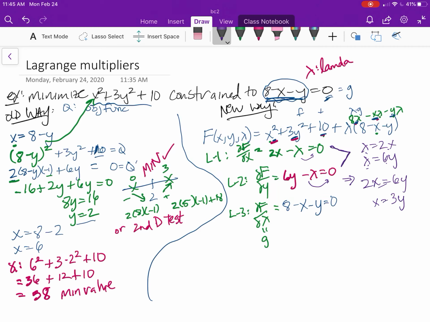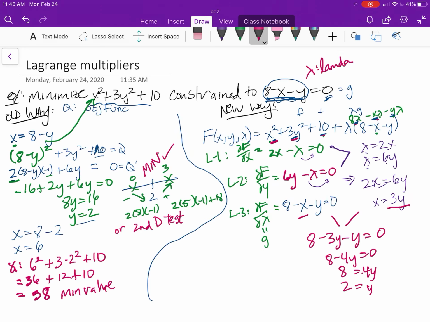And if x equals 3y, then we could take that and plug it in here, right, our g function. So using both of those, we get 8 minus 3y minus y equals 0. So 8 minus 4y equals 0. Add 4y, 4y equals 8, y equals 2.